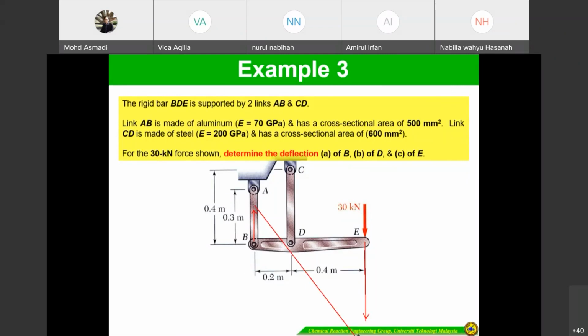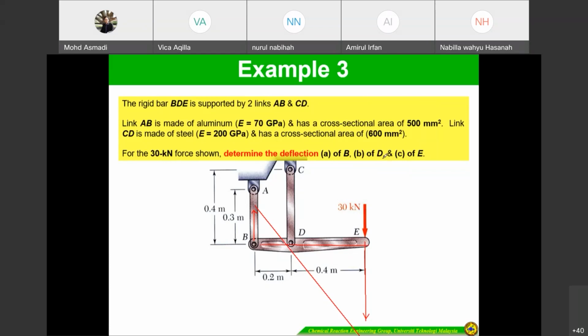The original one is this one, because you apply force. So the problem is the deflection at point D, this one.